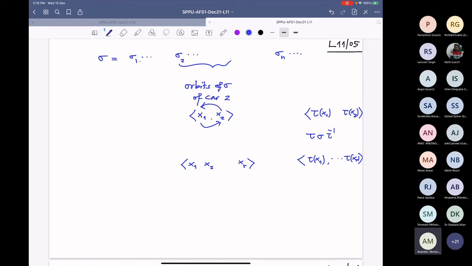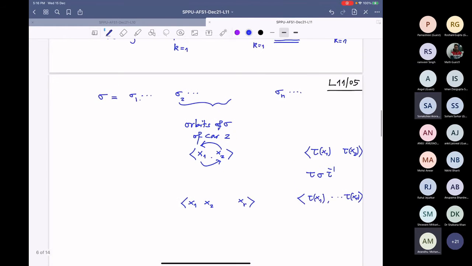So we don't know who is who. Here we know x1 is going under sigma to this, x r minus 1 going under sigma to xr, and xr under sigma is going to x1 back. Here they are shuffled only. But it is a cycle. Yes? Please ask question. This is a very important point.